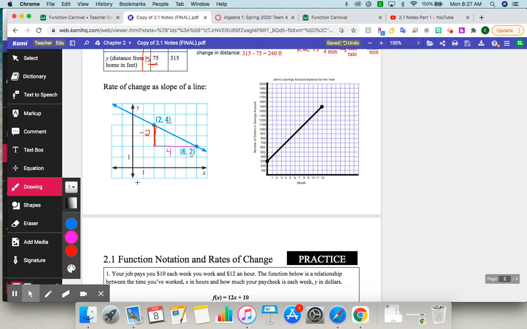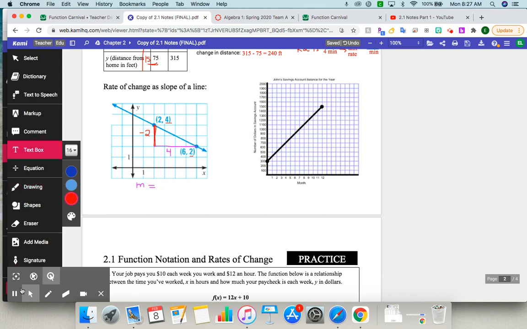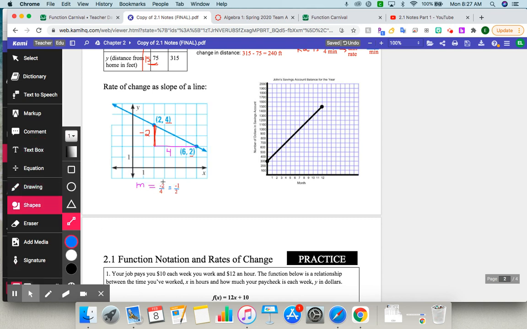So my slope, which you'll find we always use the letter M to represent, and we'll talk about that more in section 2.2, but my slope is -2 divided by 4. So this is really saying that my rate of change is -2 over 4.